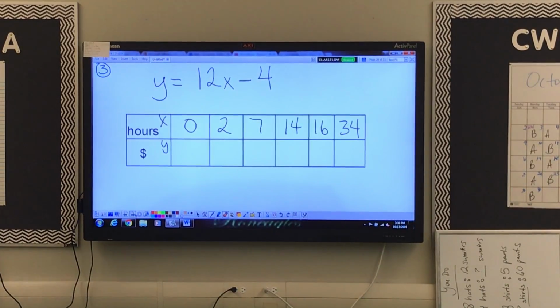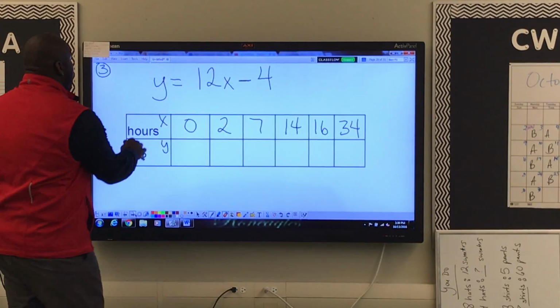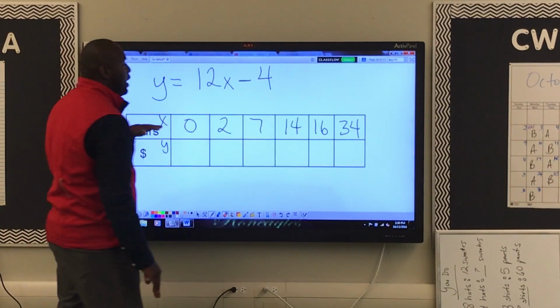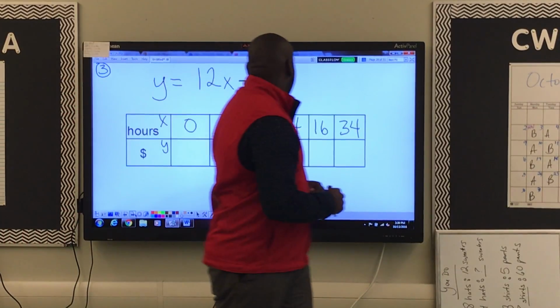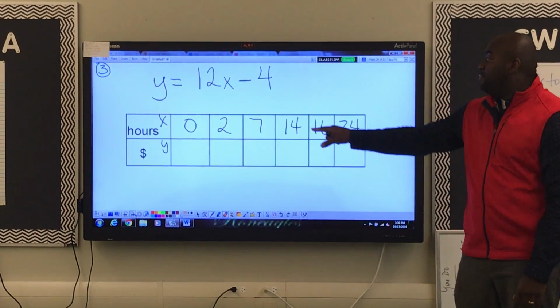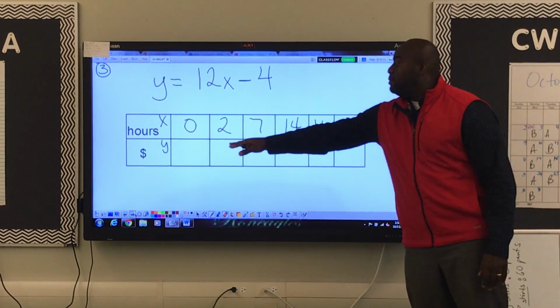Problem number 3, same thing. You don't have the x values listed on your table. Write down your x values and solve the problem to figure out if we work these amount of hours, how much money do we have?